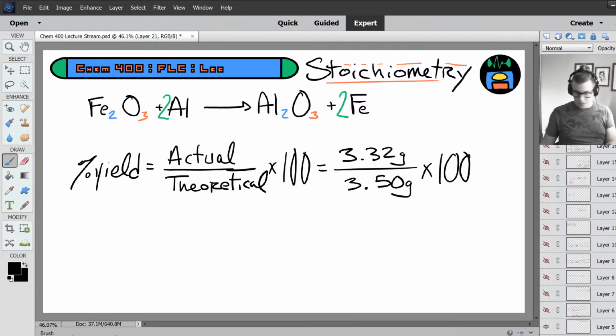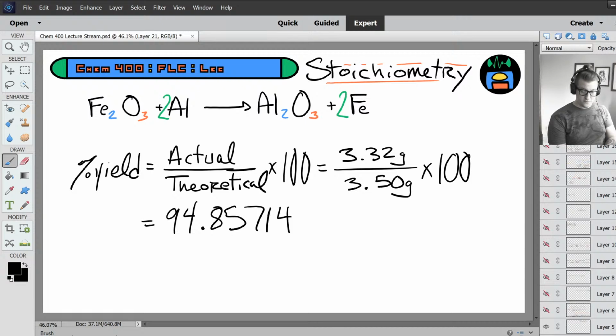All right, so let's crunch our numbers. 3.32 divided by 3.50 times 100. So our value is 94.8571429. But again, my actual yield and my theoretical yield both have 3 sig figs. So my answer must have 3 sig figs.